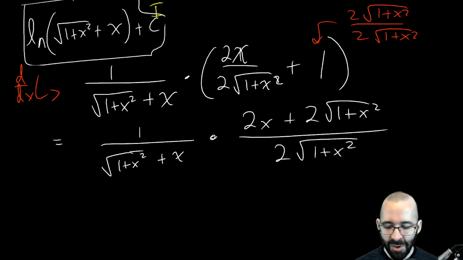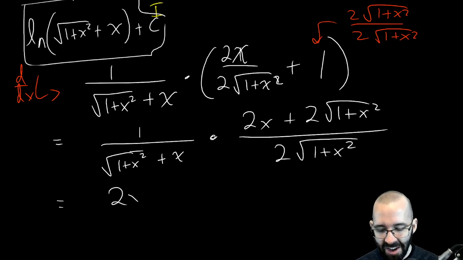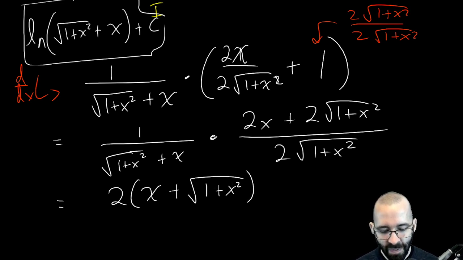Great. Now we can multiply these fractions. The top is easy. I'm going to factor out a 2 because we're probably going to need it factored. I don't know if it's true, but I'm assuming it will be true. And the bottom, we'll distribute that.